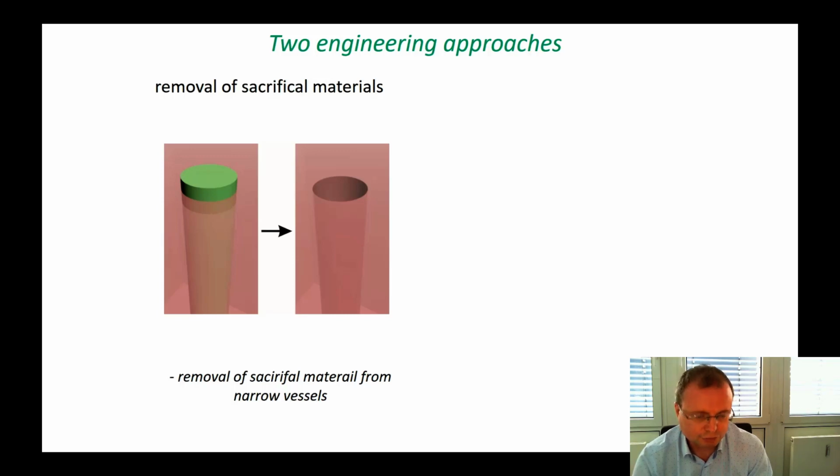A decrease of the tube diameter, so channel diameter, shall result in an increase of the pressure which is applied to remove the sacrificial material. So practically, as a result, it can lead to a situation where the whole structure will burst upon the applying of a high pressure.